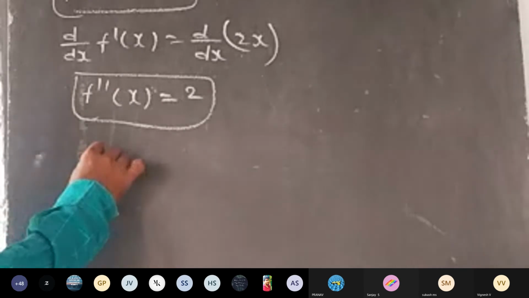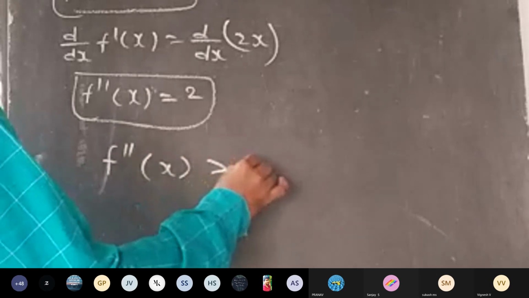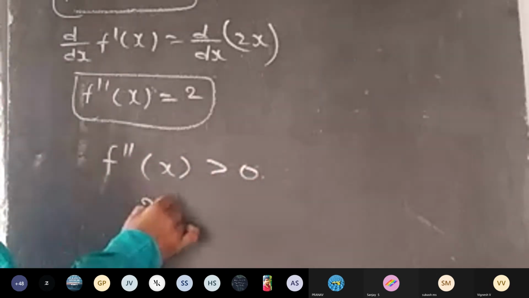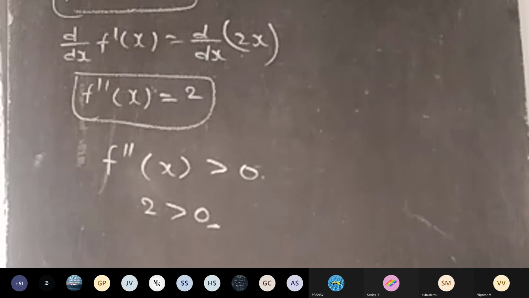See, f double dash of x greater than 0 means 2 greater than 0. Yes, so that is called local minima.